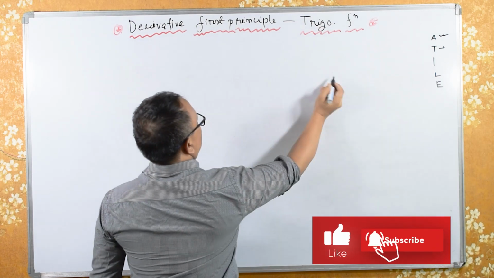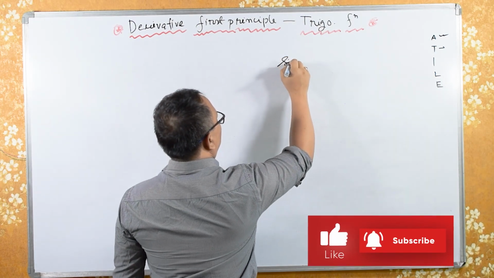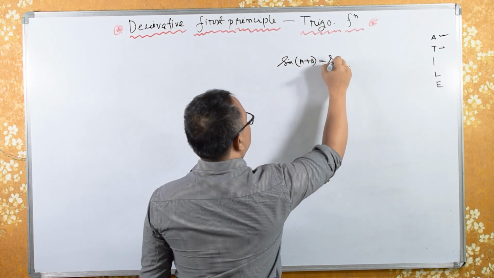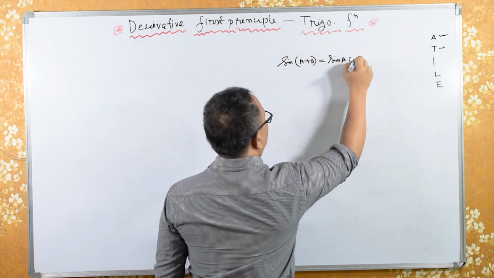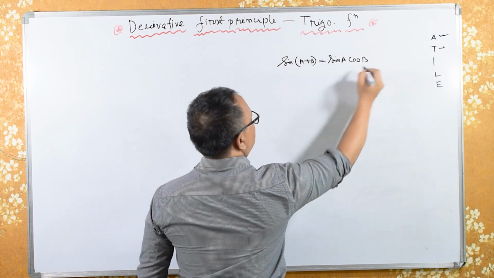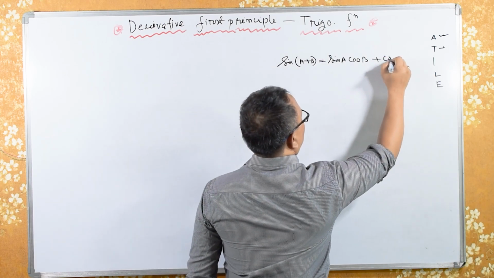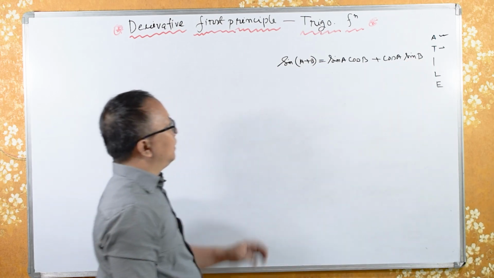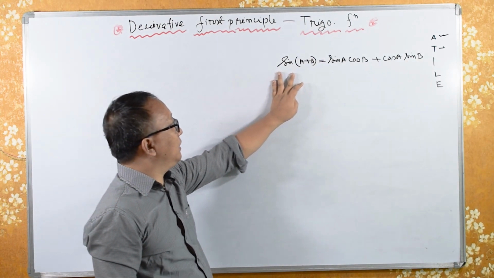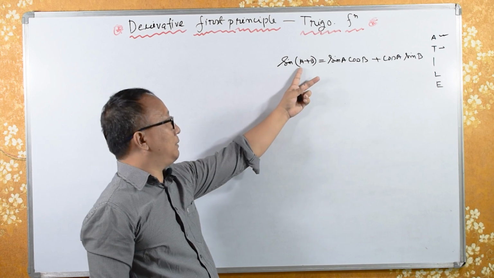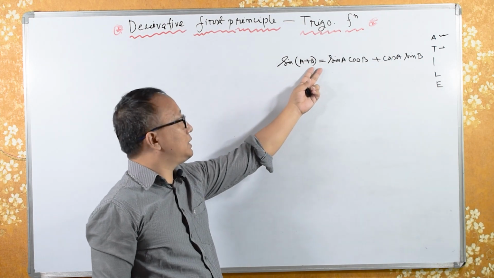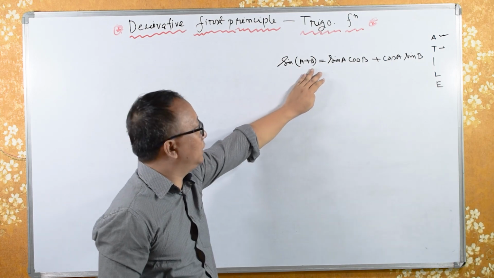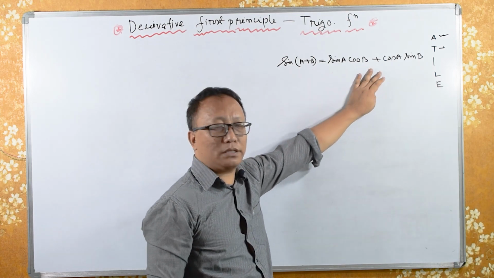We know that sine of a plus b is equal to sine a cos b plus cos a sine b. This means if we have two angles, for example 45 or 60 degrees or any angle, sine of a plus b is the same as sine a cos b plus cos a sine b.